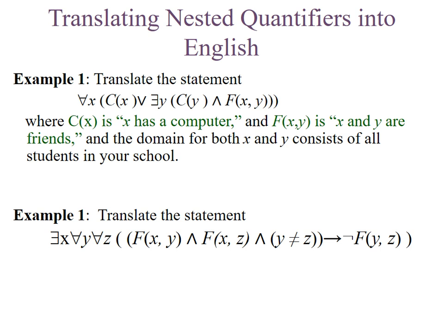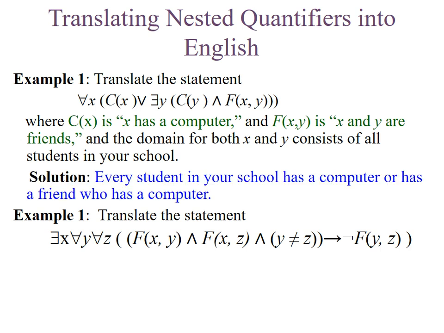So that means for all students in our class, either he has a computer or he has a friend who has a computer. So that's the meaning of this nested quantifier: every student in your school has a computer or has a friend who has a computer.